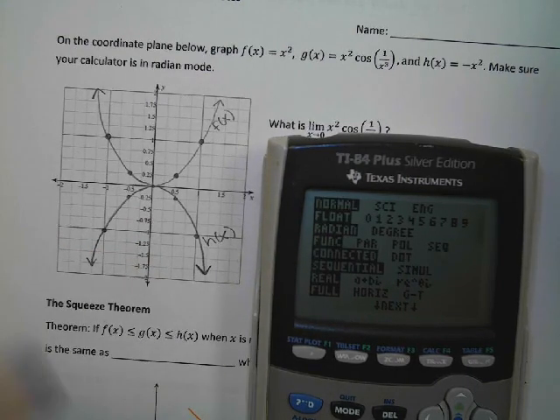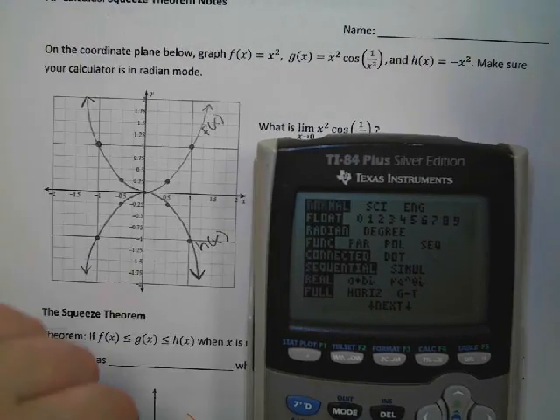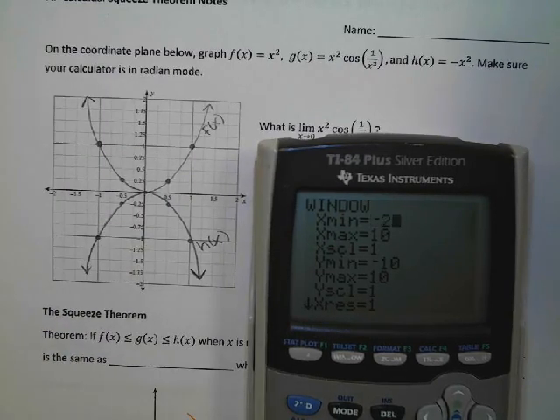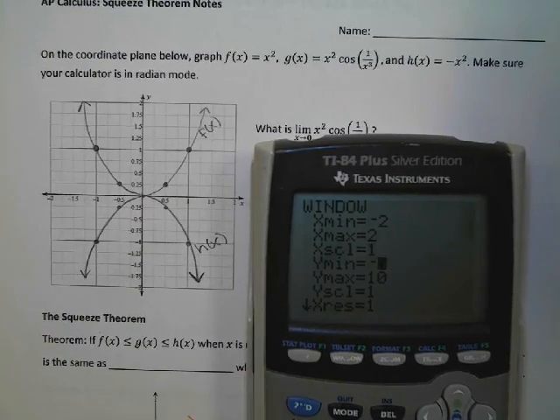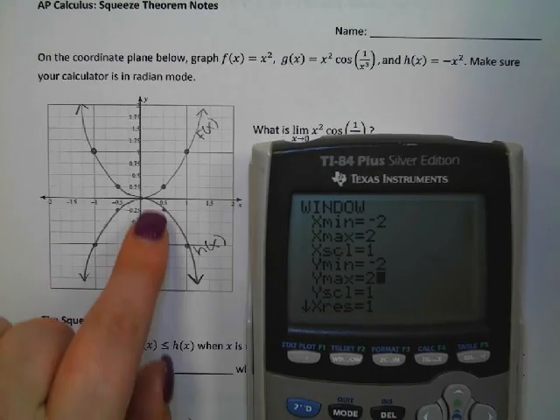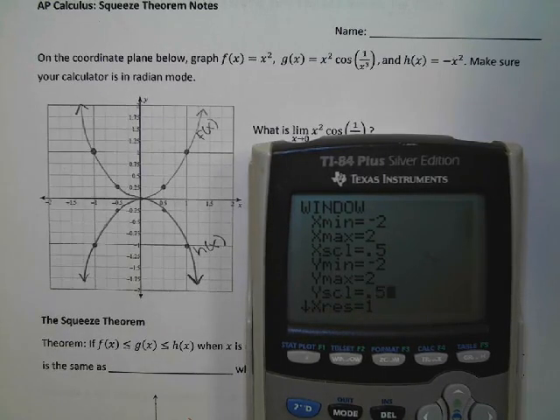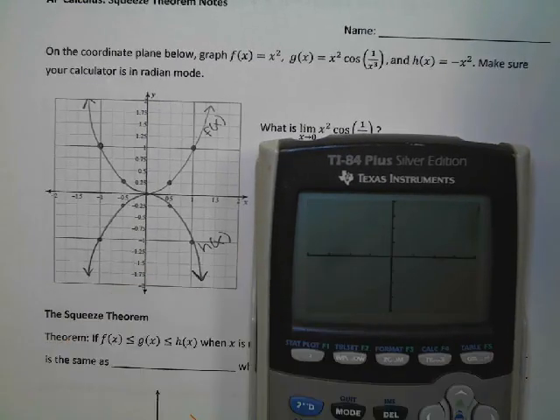And in calculus, for future reference, we will always be in radians, always. I'm going to change my window to match the window of this: -2 to 2, -2 to 2, and make the scale go by 0.5s.